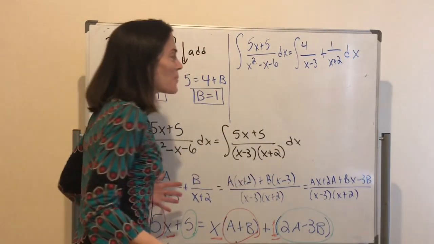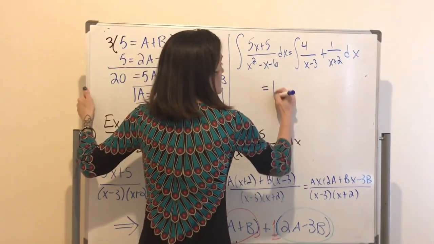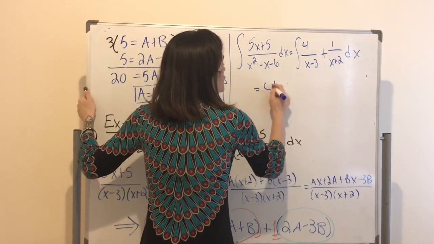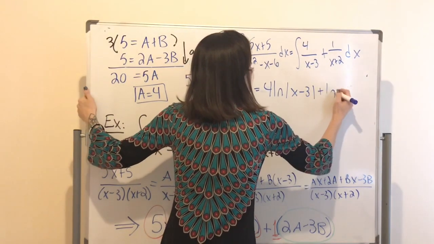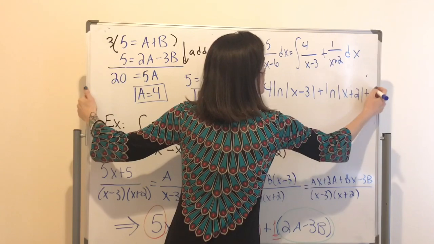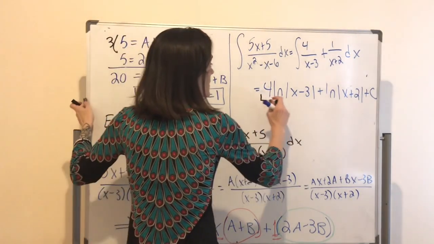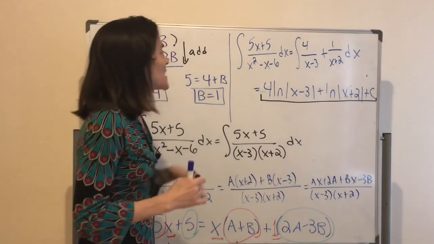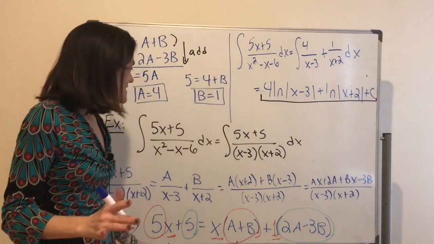The integration part here, at least in this problem, is not bad. It's like the first thing we talked about. Ooh, except I don't want to leave off my 4. This is 4 ln absolute value x minus 3 plus ln absolute value x plus 2. Don't forget the plus c. Okay? So this is the antiderivative, or the set of all antiderivatives, in this indefinite integral, and this illustrates the technique of partial fractions.